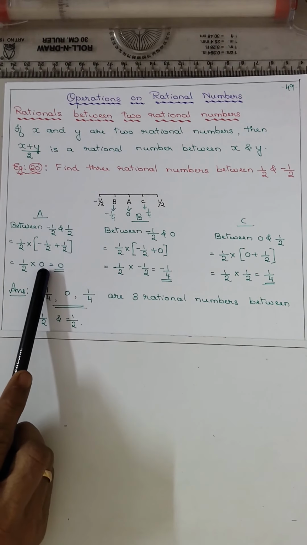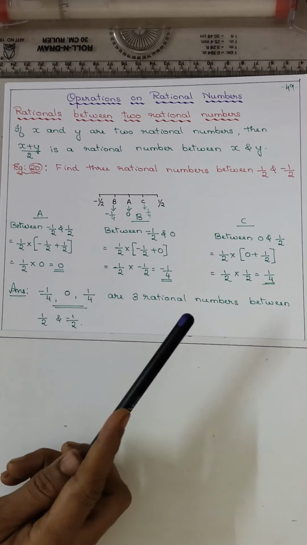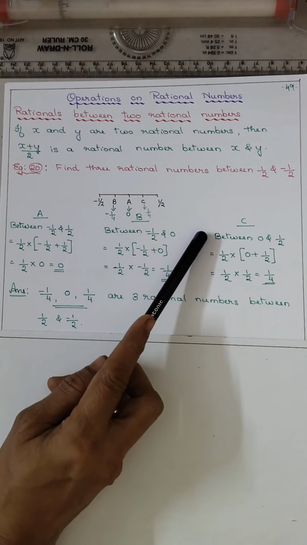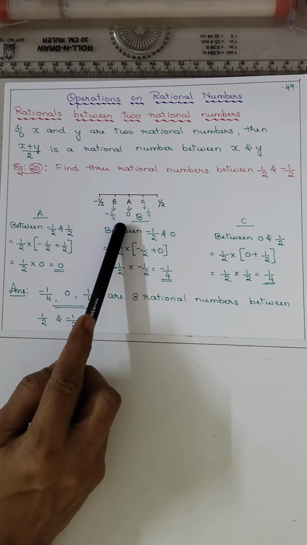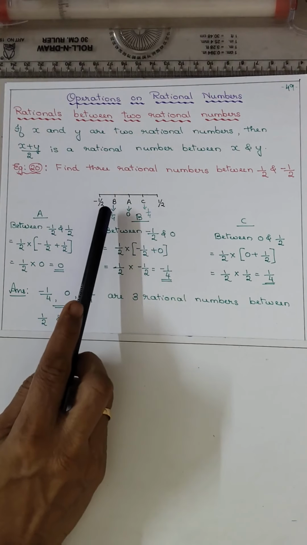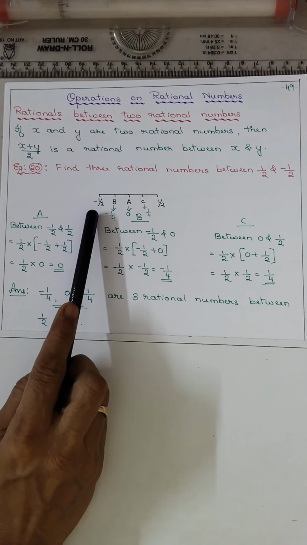Answer is 0. So you get 0. तो नंबर लाइन में भी आपको मालूम है minus 1 by 2 और 1 by 2 के एग्जैक्ट बीच में कौन सा आएगा? 0.